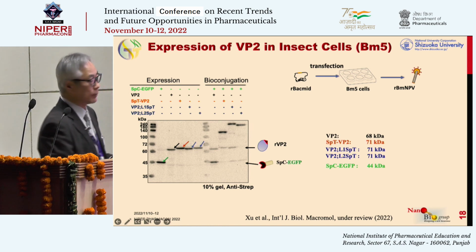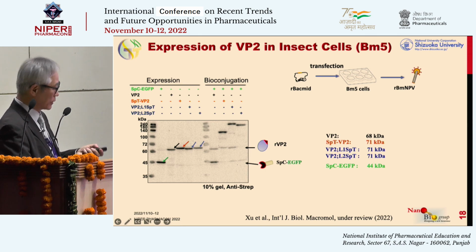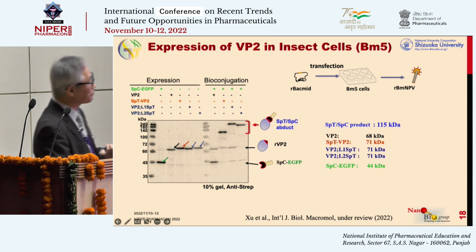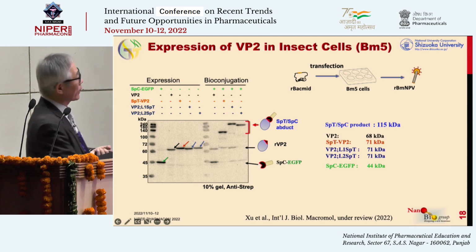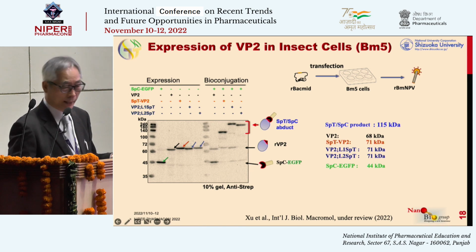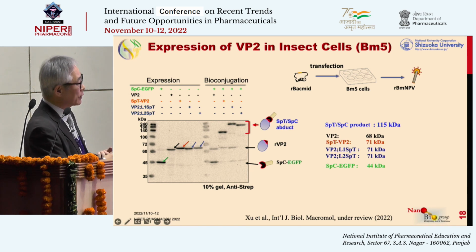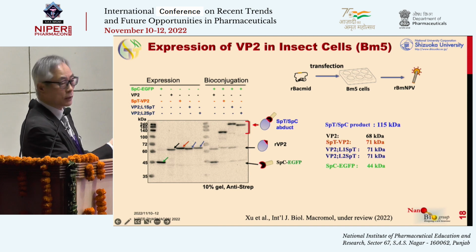Finally, we bioconjugated this protein and this conjugation partner together, and the band is shifted here. VP2 protein has no SpyTag. Therefore, the SpyTag cannot bind, and we cannot find any conjugated molecular band here.